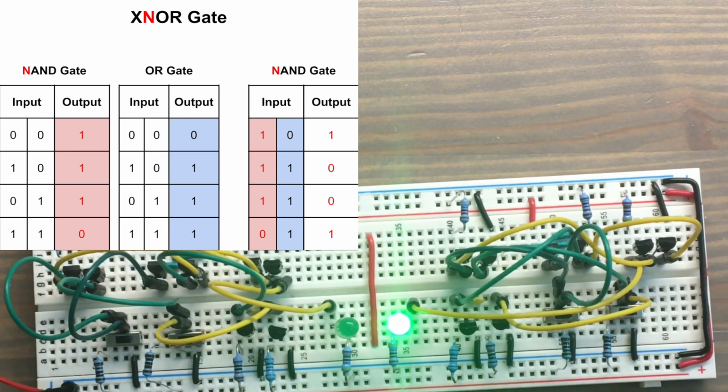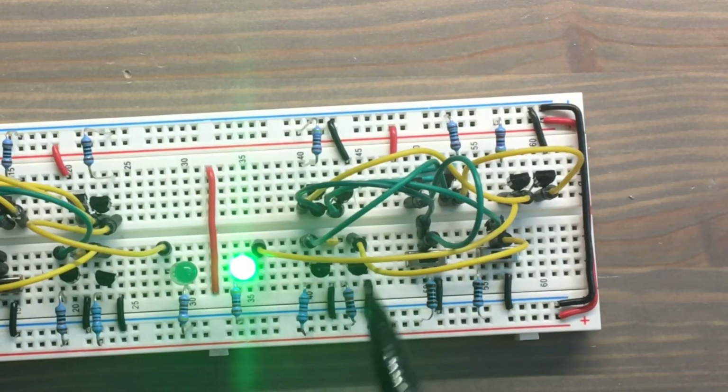And what that does is, as we already saw, the output of a NAND gate is the same as the inverted output of an AND gate. So that just means that the output of the XNOR gate here will just be the inverted output of the XOR gate. And I also have the double inverter buffer here, which just prevents these gates from shorting each other out.